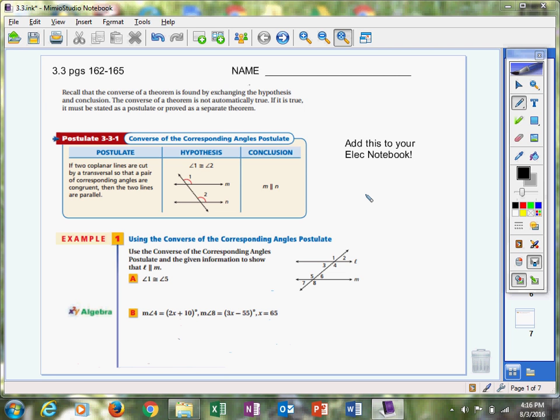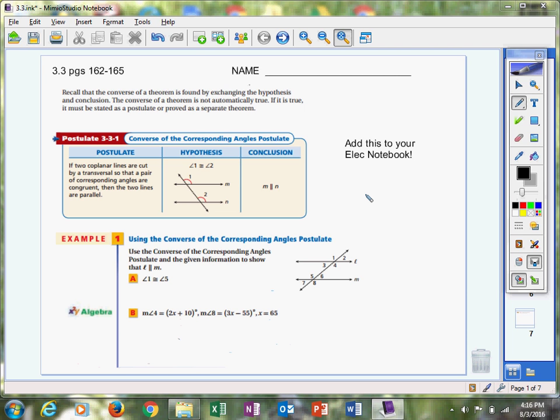So now we're going to start with the conclusion, okay? And if you have a pair of corresponding angles that are congruent, then what we can determine is that the lines must be parallel. Now, if they're not congruent, then clearly they're not parallel. So that's what the converse is all about.